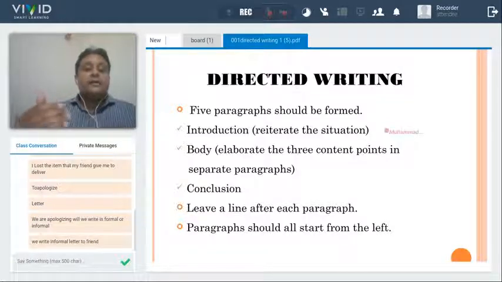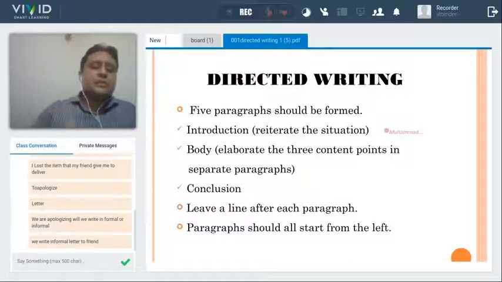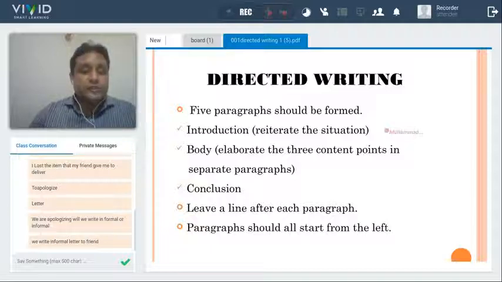And if we add language and format, that will be an added thing. So purpose and situation must be there in the first introductory paragraph of ours. In the informal letter or the formal letter, it is very important to write your introduction in the very first paragraph, and you must include the purpose and the situation in your introduction.